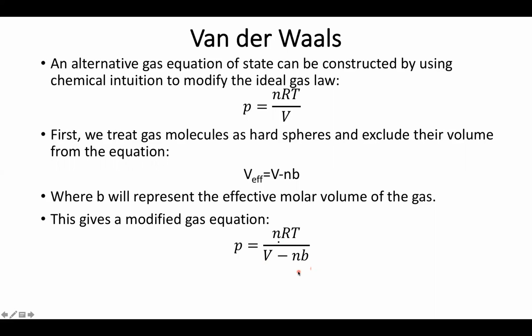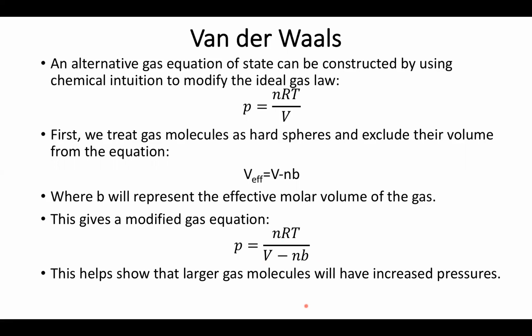The first thing we want to do is make sure that this form represents real experimental phenomena. If I have a larger gas molecule, this means my b parameter will be quite large, which gives me a relatively smaller denominator and a larger pressure term.